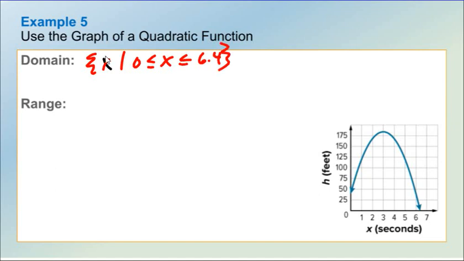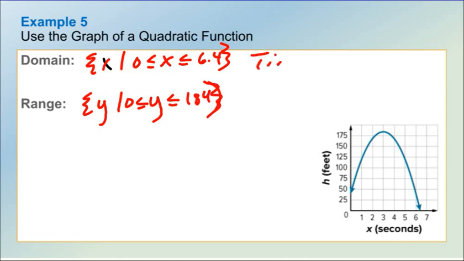And then the range would be y such that y has to be greater than or equal to 0, but less than or equal to 184. And the domain is just referring to time, and the range is referring to height.